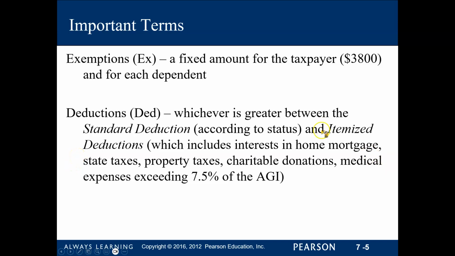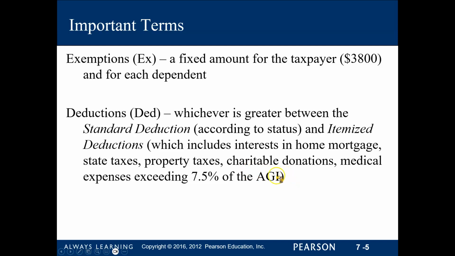The itemized deductions will include other taxes that you have already paid. For example, interest on mortgage, state taxes, property taxes, donations, and then medical expenses. If you have medical expenses exceeding 7.5% of the AGI, that could also be counted as a deduction.